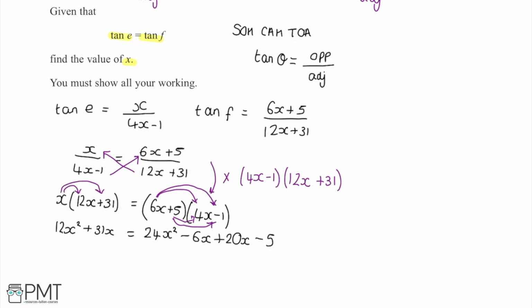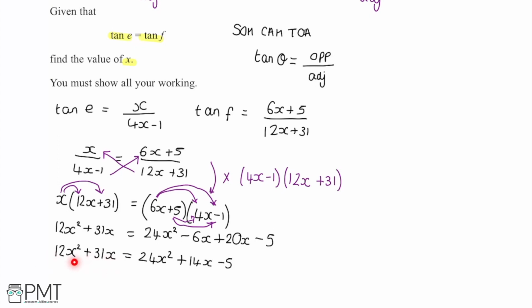We can now simplify this down further and collect like terms. So it's just leaving the left-hand side the same. That's equal to 24x squared minus 6x plus 20x just gives us plus 14x minus 5. And we can now collect the terms further. So we can subtract 12x squared from both sides, and we can subtract 31x from both sides.